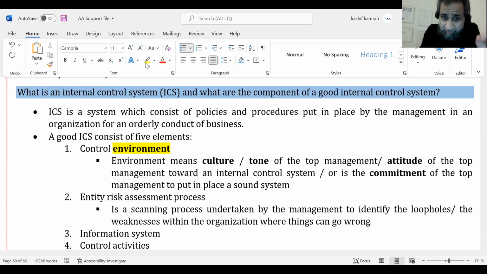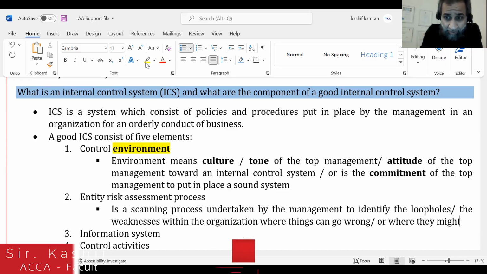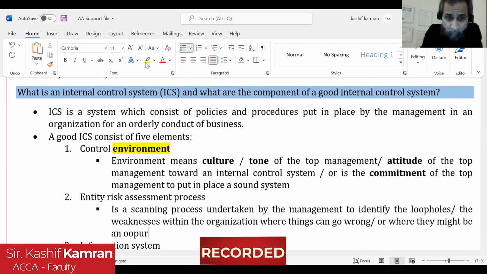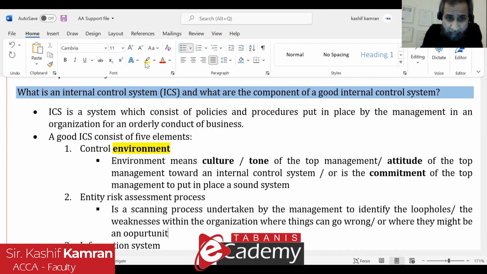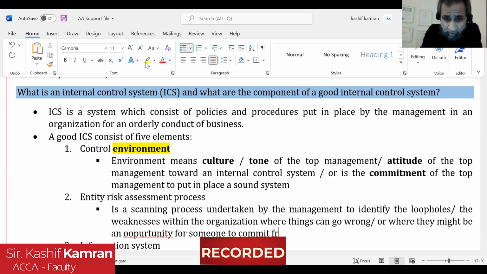It is a scanning process undertaken by the management to identify the loopholes, the weaknesses within the organization where things can go wrong, or where there might be an opportunity for someone to commit fraud. You need to find where are the opportunities for someone committing fraud.